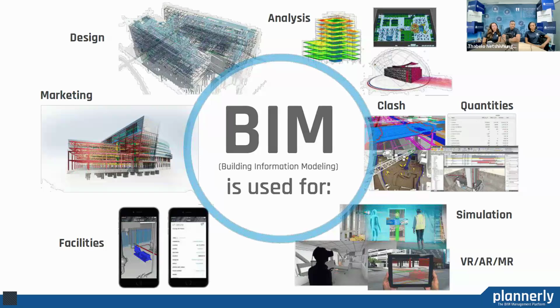You get marketing teams, and there's design work being done by the consultants. Recently we're seeing a lot of simulation and walkthroughs being required by clients as well. And then further on, there's construction, which is not even on this slide, and also facility management. So there's a lot that goes into setting up your project.